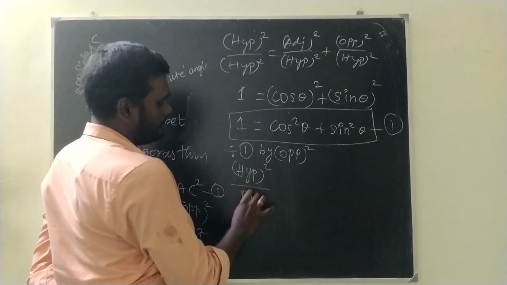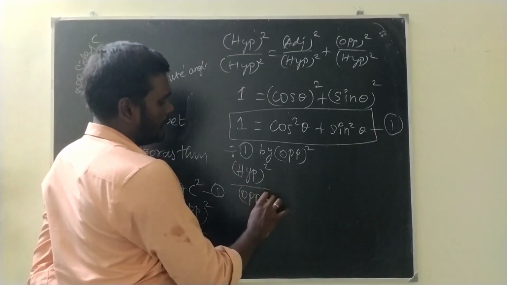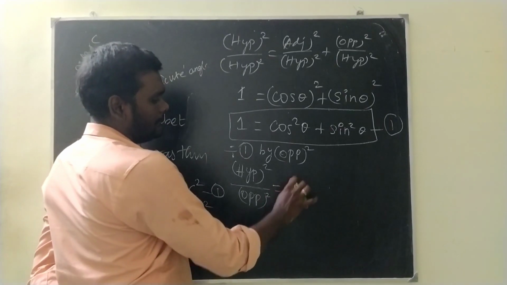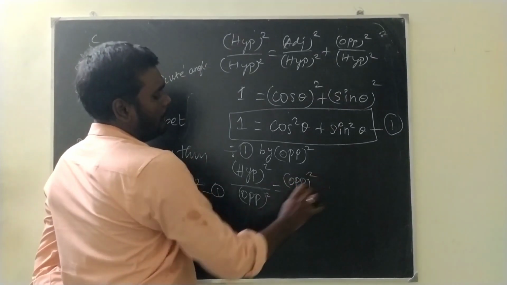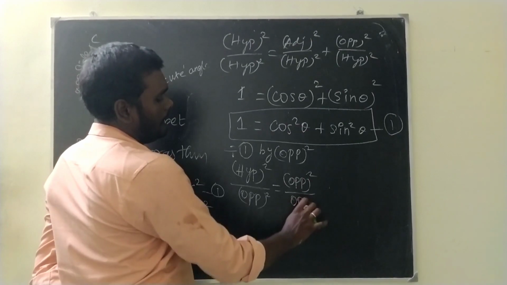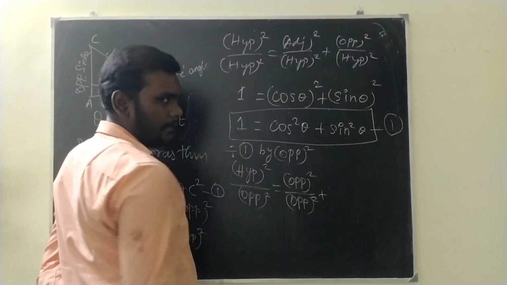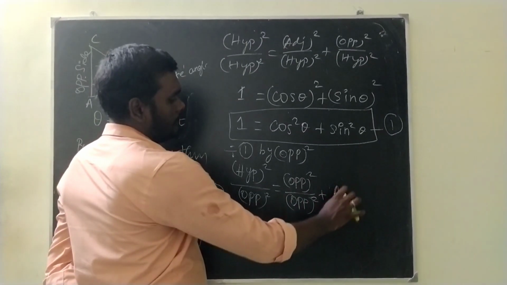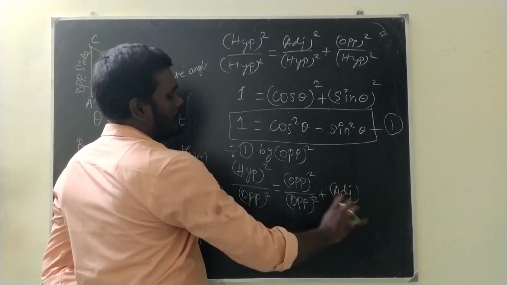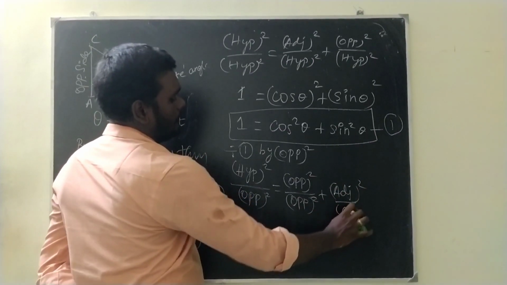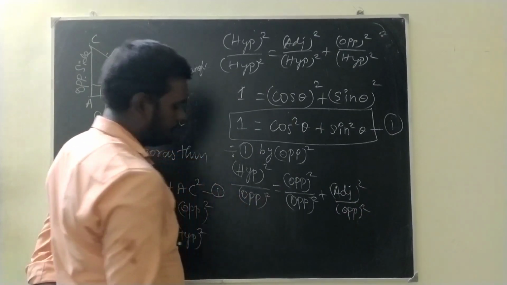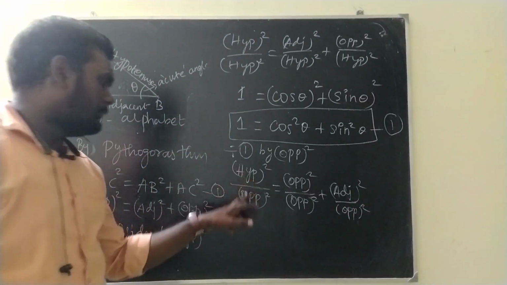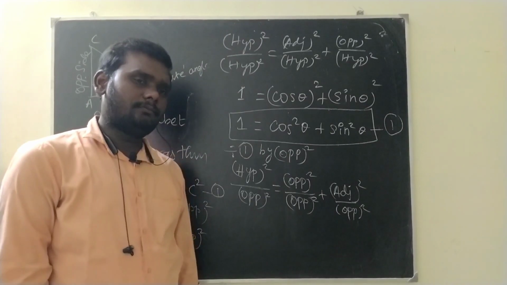Hypotenuse square by opposite square equals opposite square by opposite square plus adjacent square by opposite square.